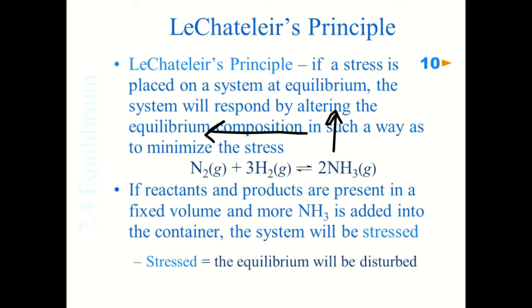So what do you think happens if I decrease something? Exactly. If I decrease H2, it shifts towards it. Or in other words, it shifts to the left or towards reactant.